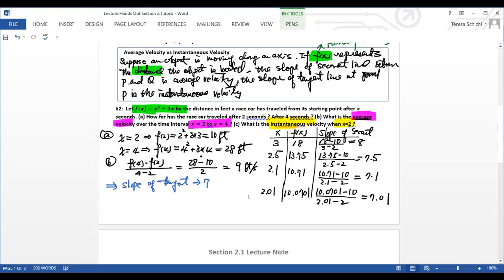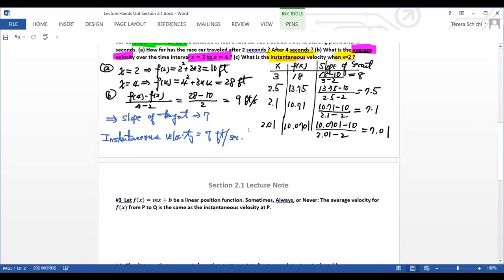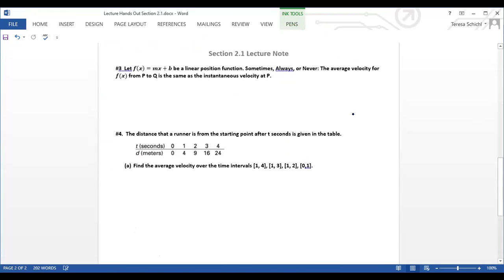That's why the instantaneous velocity will be equal to 7 feet per second here, because if you make a table, you can see which number it approaches. Of course, later we're going to show you how to do that using calculus methods, all right?